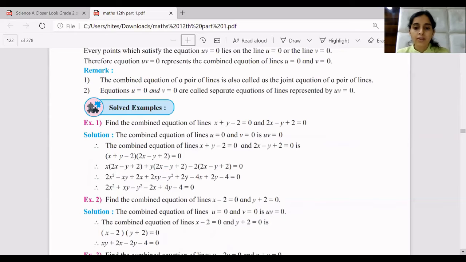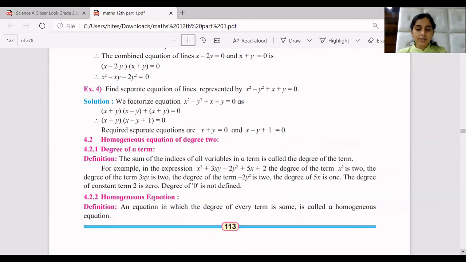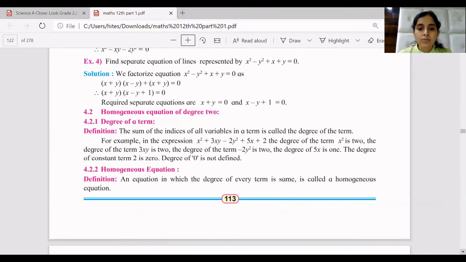Now the next topic, homogeneous equation of degree 2. What do we understand by the words homogeneous equation of degree 2? All the terms in that equation should have degree 2. Now, they've given an example over here to show what is homogeneous and what is not.